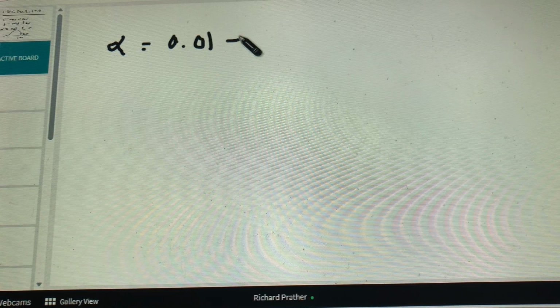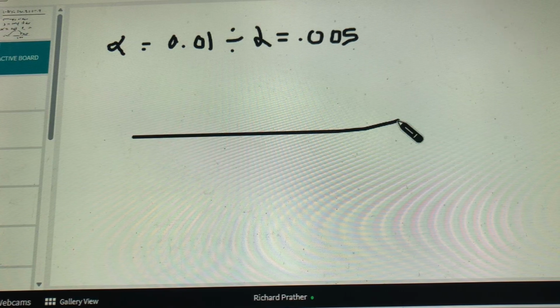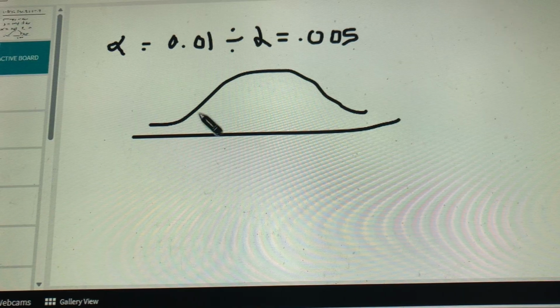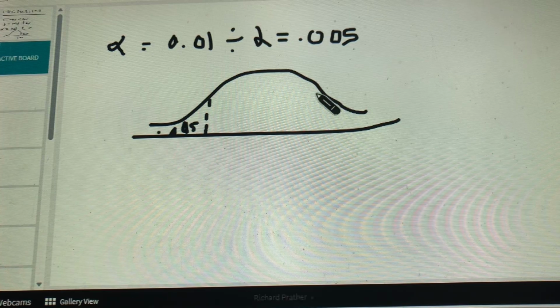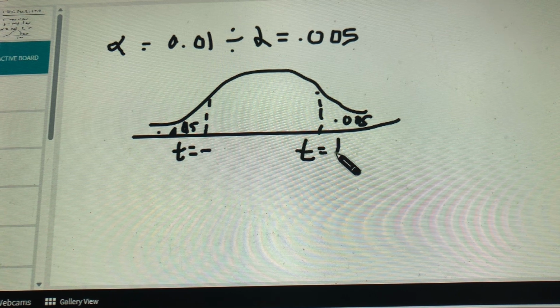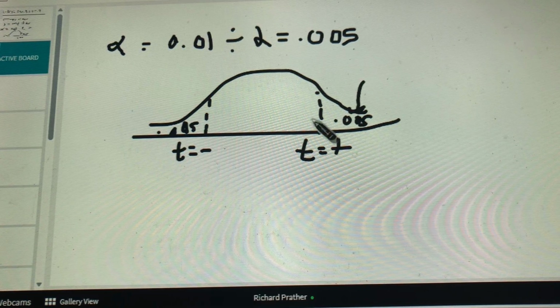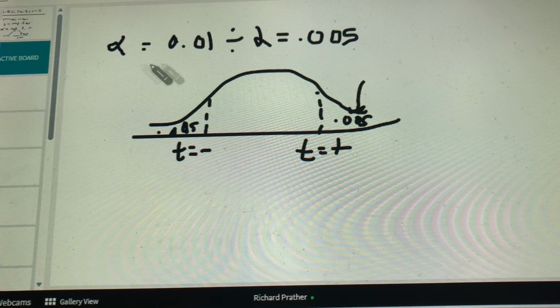If I divide this by 2, then 0.005 goes in each tail. There's 0.005 down here, 0.005 up there. There'll be both a negative and a positive critical value. And I can either say there's 0.005 in one of the tails, or combined it's 0.01 in both tails.